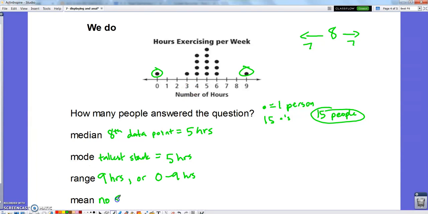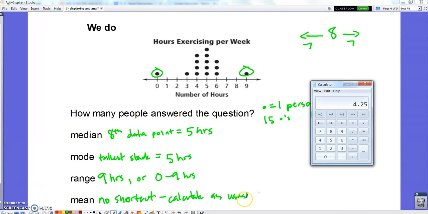And last but not least, the mean. There's no shortcut on the mean. I wish there was, but there's not. You have to just calculate as usual. So I will do that, and you can do that. So 0 plus 3 plus 4, 8, 12, 16. Sometimes I like to do all those at once just to save me some time.